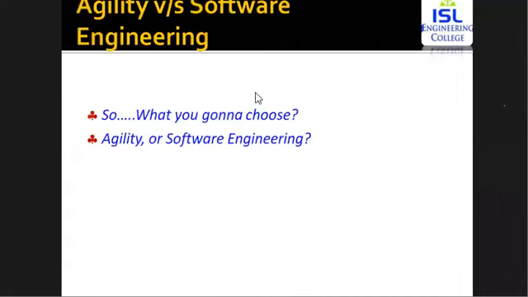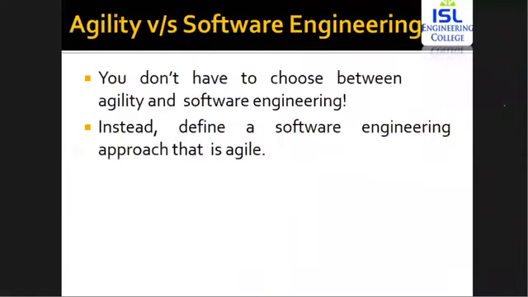Now in here, as you've studied the seven different models for agile, what are we going to choose? Agility, or are we just going to go for the software engineering approach, that is the waterfall model, the incremental model? Which are we going to choose? Now in here, you do not need to choose between agility or the different software engineering models, the incremental model, the waterfall model.